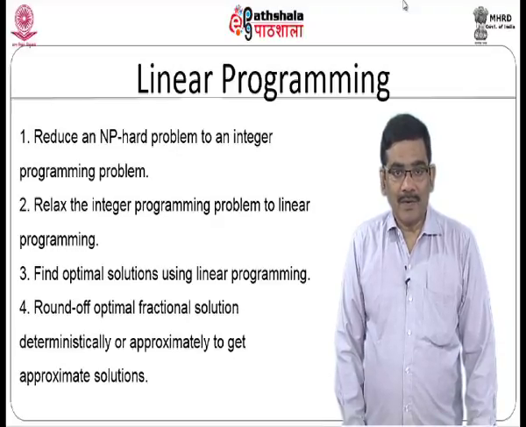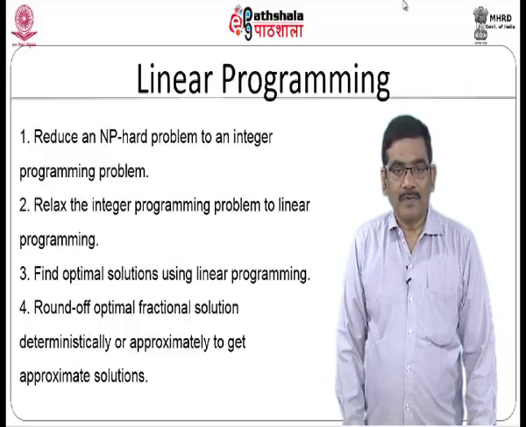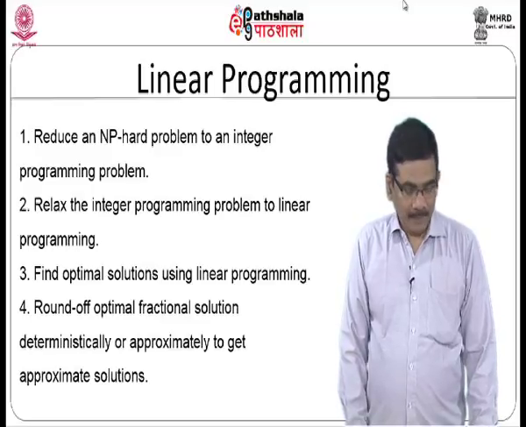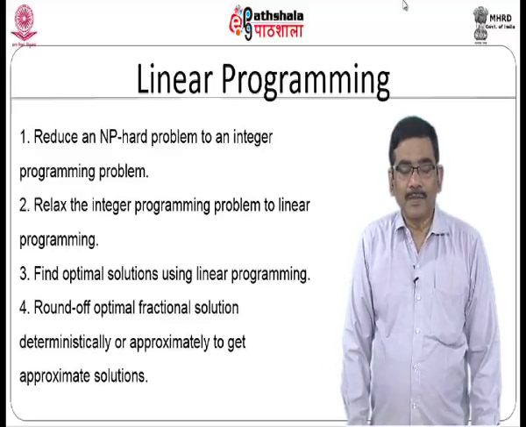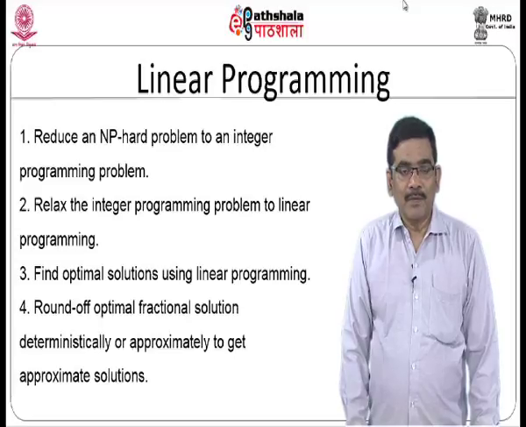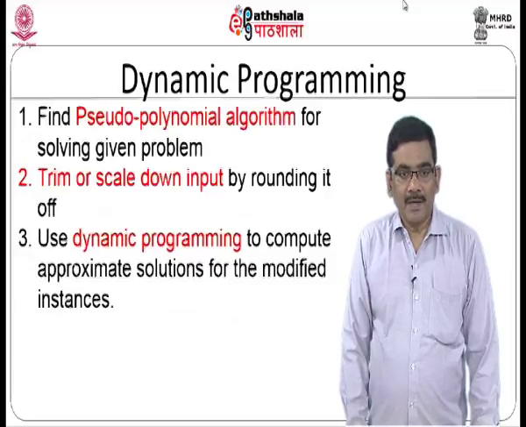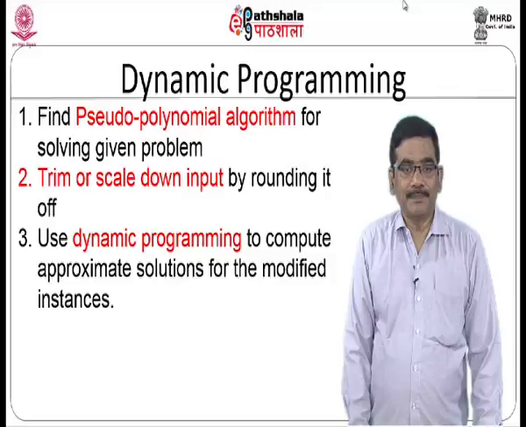You will get a lot of fractions, then you round off the fractional solutions deterministically or randomly to get the approximate solution for the given problem. This is the kind of approach we will be using for designing approximation algorithms.